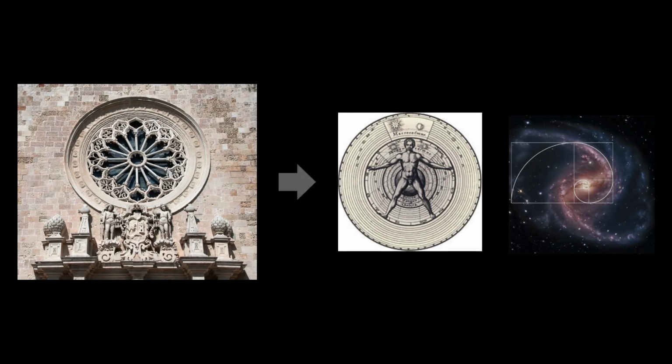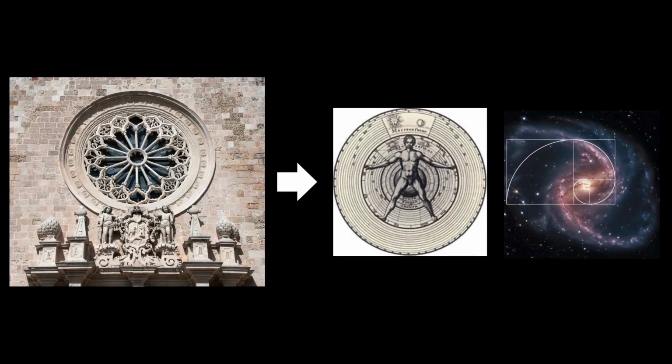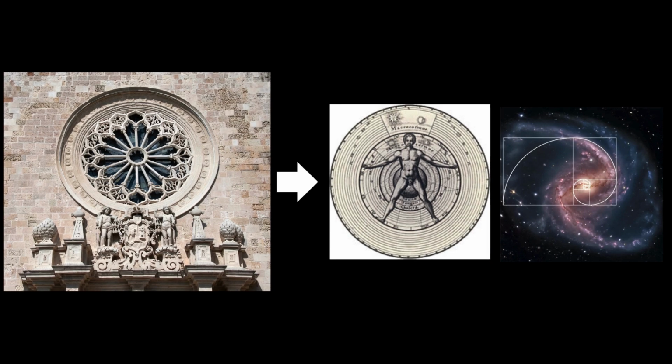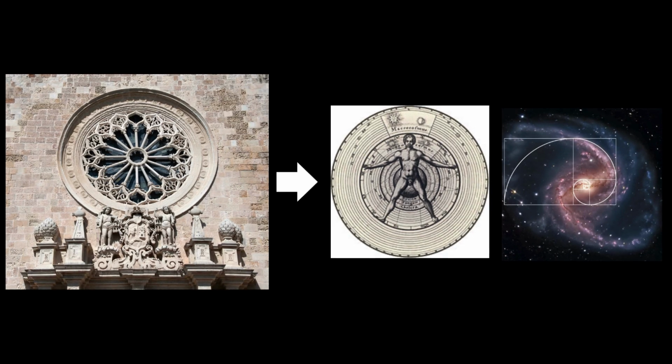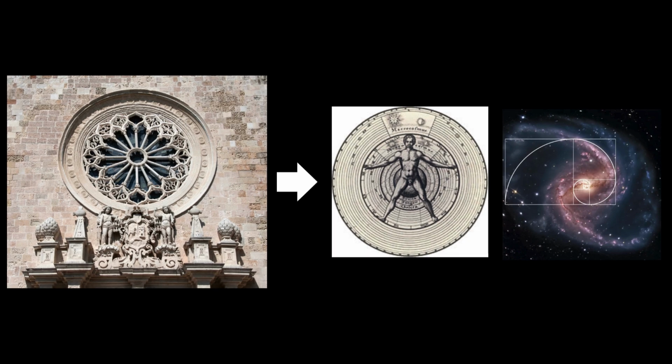The intricate tracery and geometric patterns were believed to represent the harmony between the macrocosm, the universe, and the microcosm, humanity. In essence, the human body and the affairs of humans were like the universe, on a smaller scale.